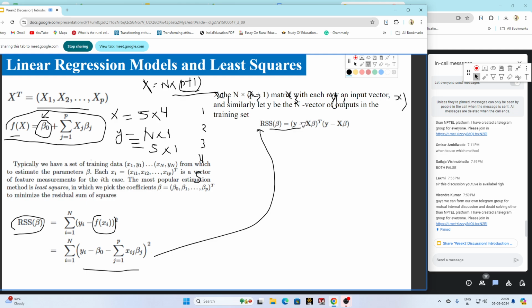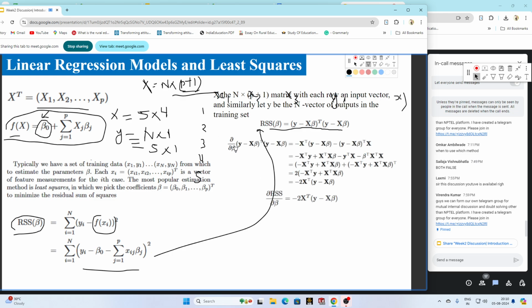That will be your residual sum of squares whenever you are considering matrices.